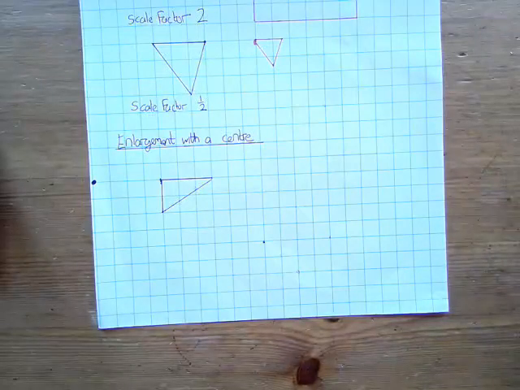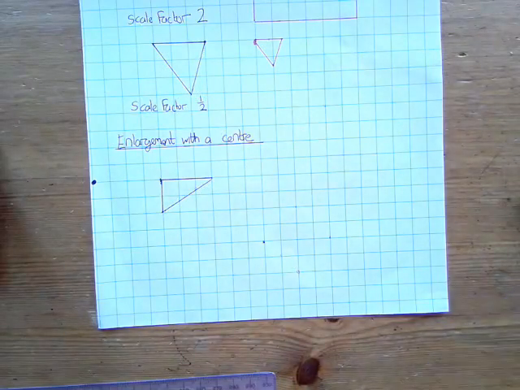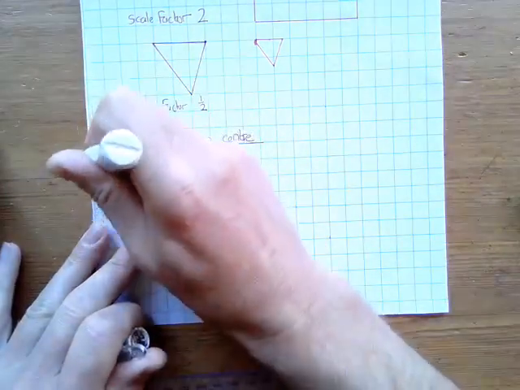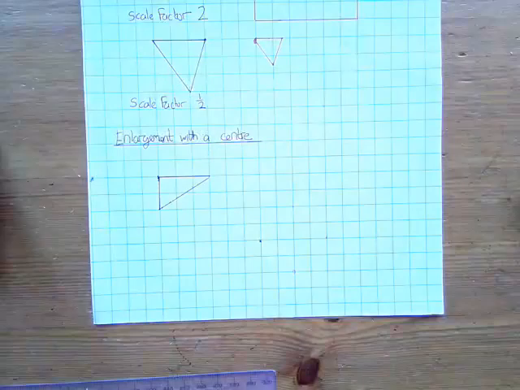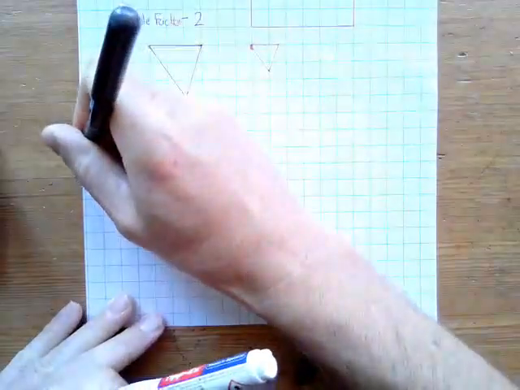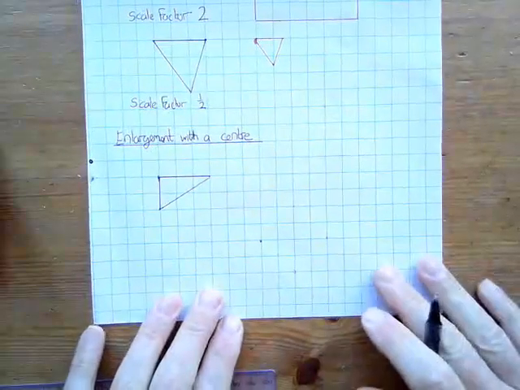I could have put it anywhere, but I've decided to put it there. Actually, I've changed my mind. I'm not going to put it there. I'm going to move it slightly because I think it might be a little bit more interesting if I, in fact, that didn't work very well, did it? If I instead put it there. Right, it's a small, subtle change, but it'll make it a bit more interesting, I think.